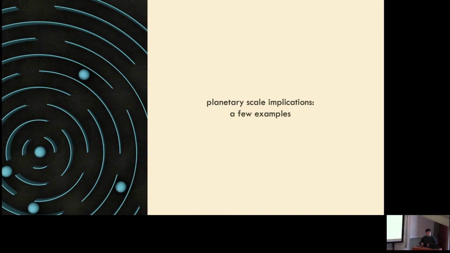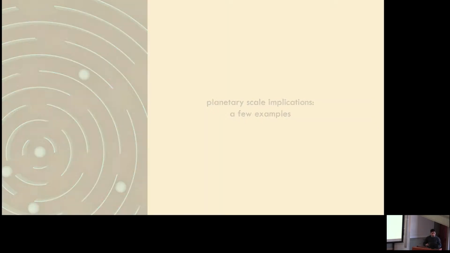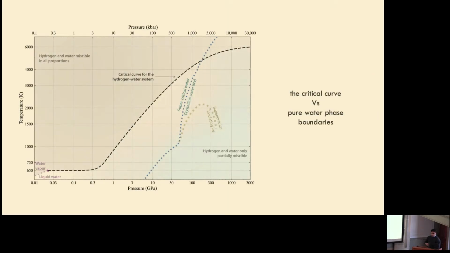So at this point, let us try to figure out some planetary-scale implications. Let us just clear out the plot. There were too many things before. So again, y-axis temperature, x-axis pressure. The black dashed line is all that we need to think about, which is the critical curve, dividing the regions into the gray area where hydrogen and water mix, regardless of what proportion you put them in, and the blue area, where they sort of partially mix.